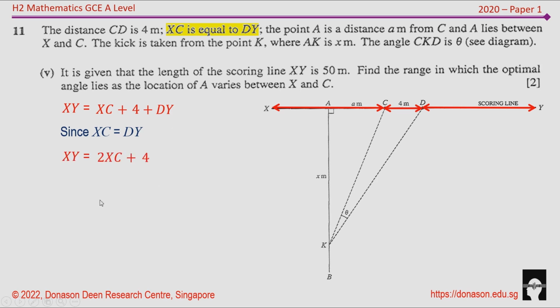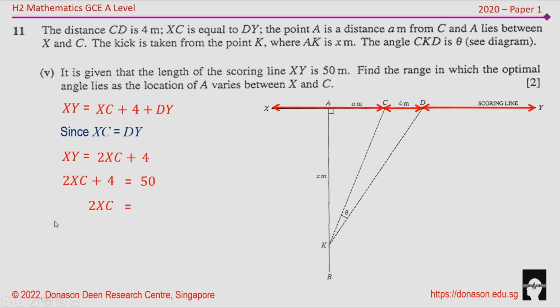So XY is equal to XC plus XC, which becomes twice XC, plus 4. That's the length of X to Y. Now we are told that XY is equal to 50 meters. So 2XC plus 4 is going to be equal to 50. And if I were to find the value of XC, I would throw the plus 4 over to the other side.